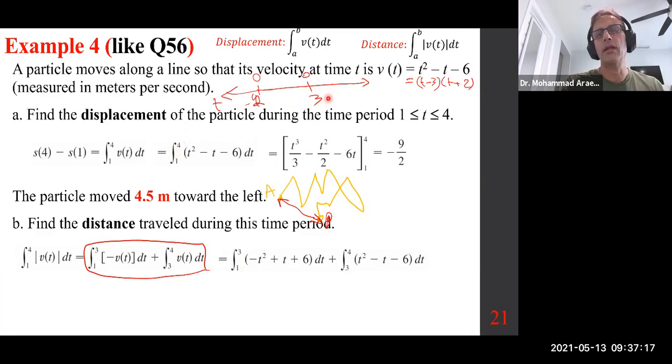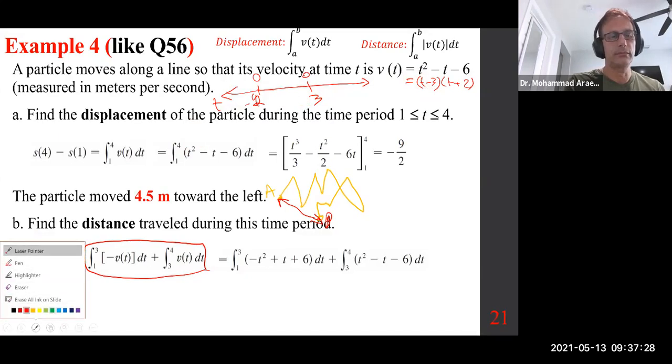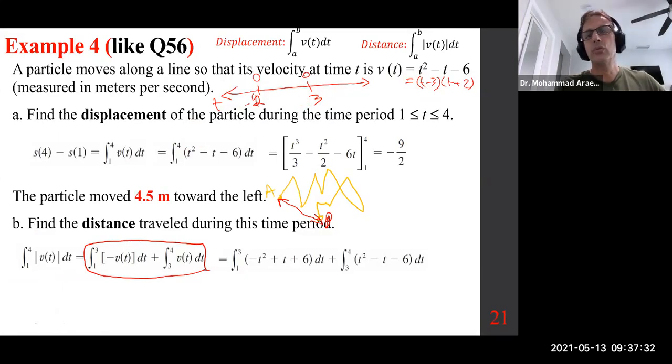So to the right and left of 3, if you pick a number to the left of 3, let's say 2, and evaluate this, 2 makes it negative, because 2 minus 3 is −1, 2 plus 2 is +4. And to the right of 3, for example, pick 4.